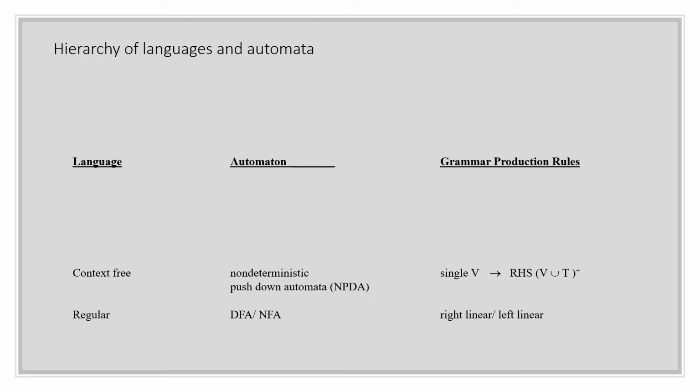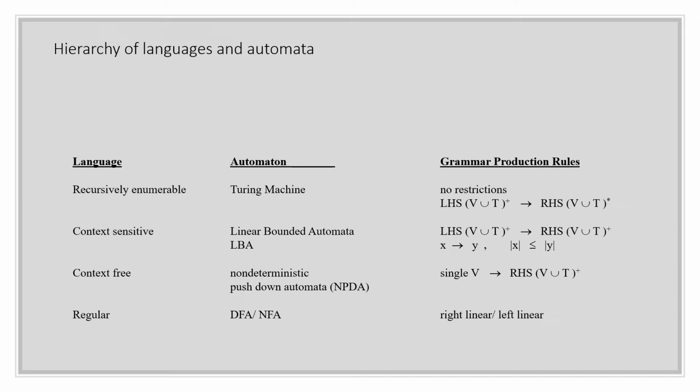All you can do with a DFA or an NFA is go from one state to the other, and you can allow some symbols to occur an arbitrary or infinite number of times by putting a cycle in your graph. After that, we'll get to context-sensitive languages, followed by the Turing machine and recursively enumerable languages.